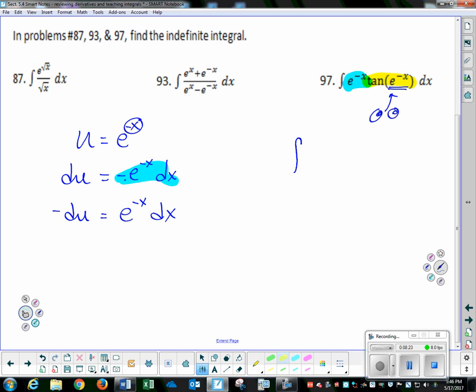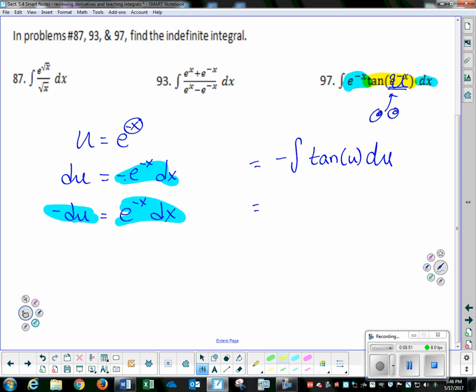So let's rewrite our integral with all these u's. I replaced the e to the negative x with a u, so this will be tangent of u. The e to the negative x dx gets replaced with negative du, right? Because here's my e to the negative x. So this will be negative du.